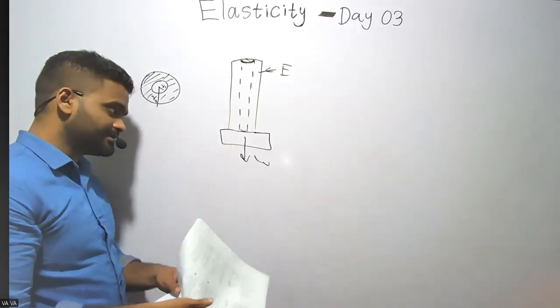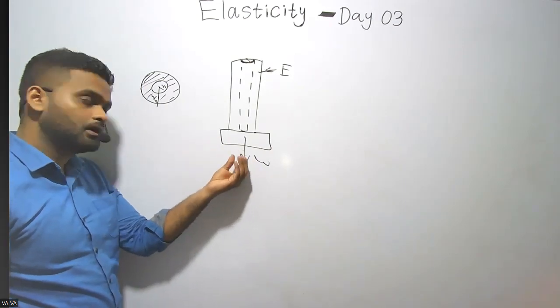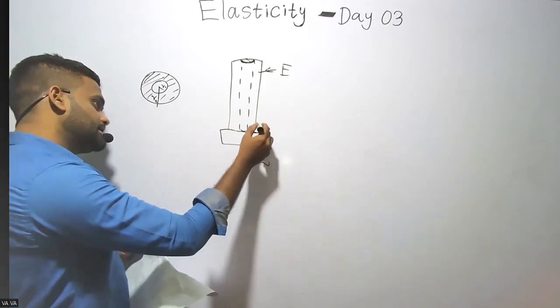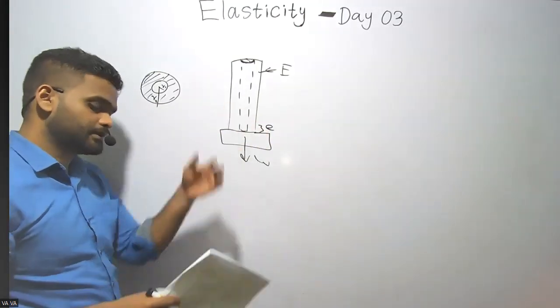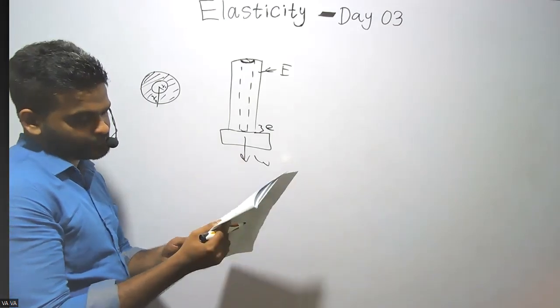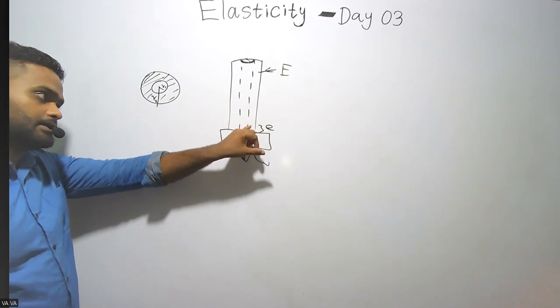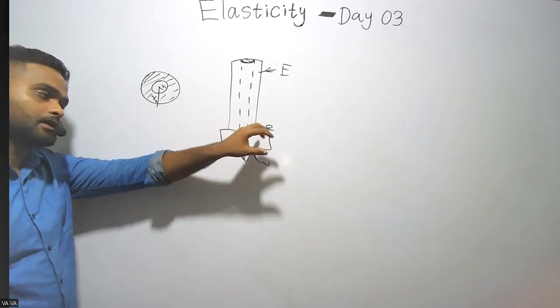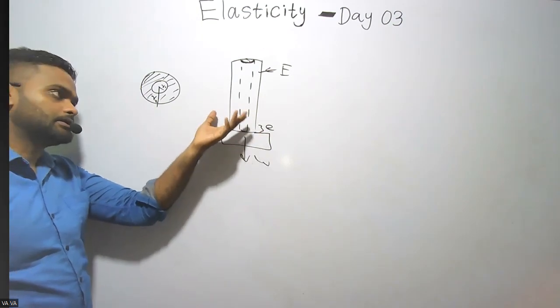What they ask is, as a result of hanging W, what is the energy stored in this rubber pipe? Because it is extended, elastic potential energy is stored in this rubber pipe.